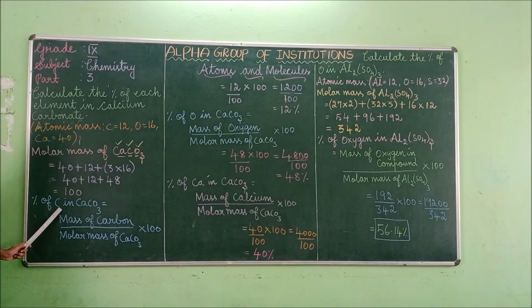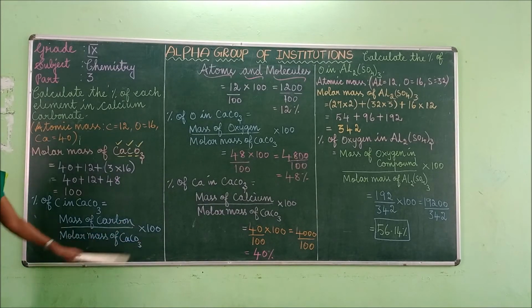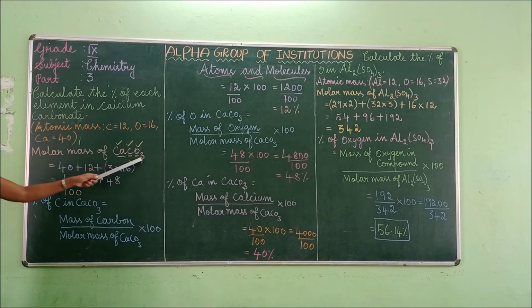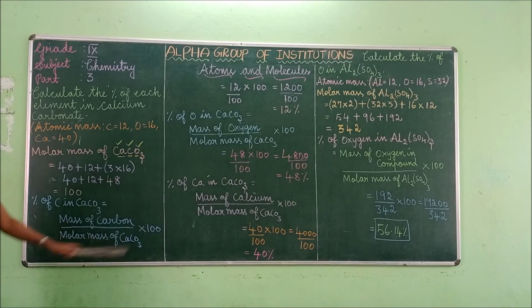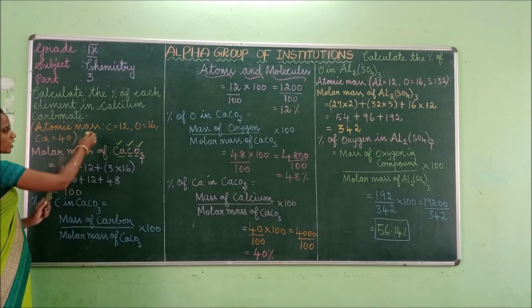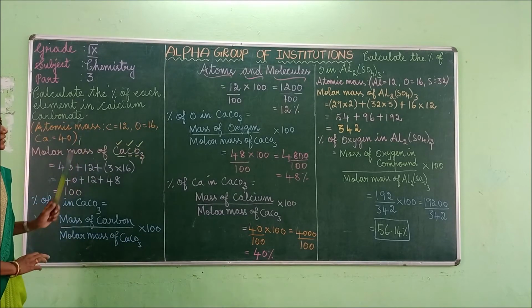This is the whole compound, calcium carbonate. First you have to calculate for carbon: mass of carbon by molar mass of calcium carbonate into 100. Carbon atomic mass is already given in the question itself, right?